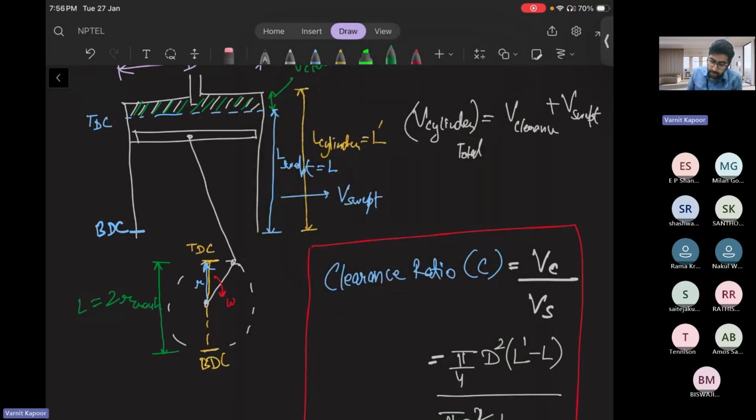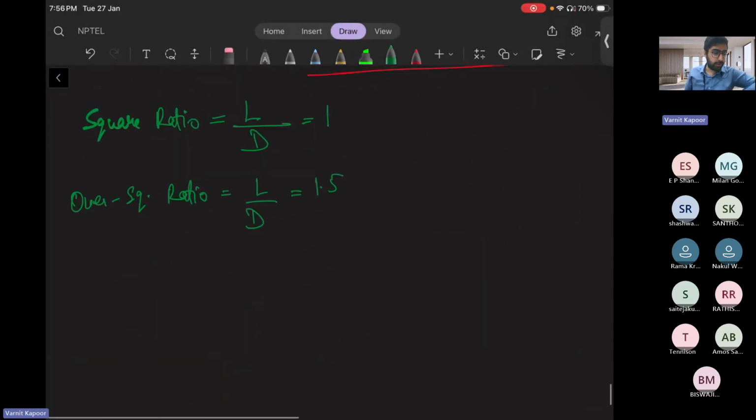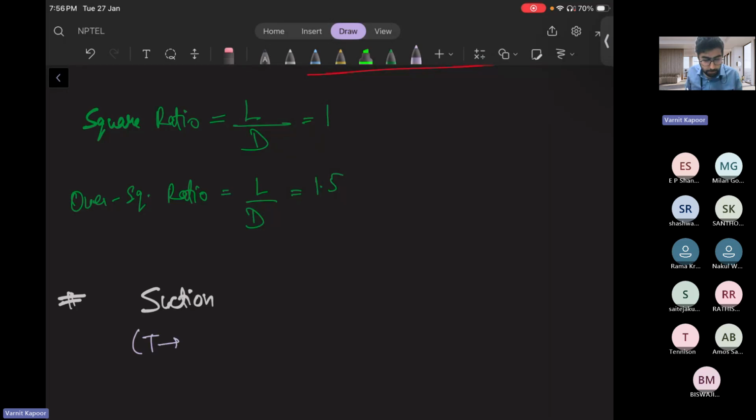Any doubts in understanding this? So the swept length is equal to twice the radius of the crank. Any doubts? No doubts. Okay. We have basically 4 strokes. We have the suction stroke, where it moves from top dead center to bottom dead center, top to bottom.